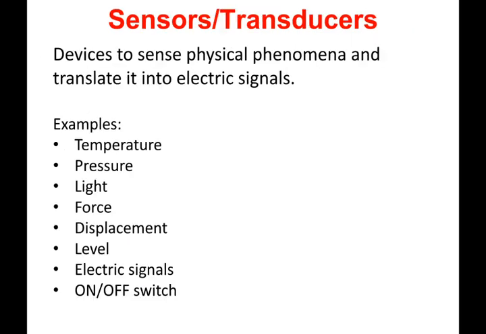But what do these sensors and transducers do? And what can they measure or what can they sense? Sensors and transducers are devices that are there to sense physical phenomena and translate it to electric signals. Right? Examples are that it can sense temperature, pressure, light, force, displacement, level, electric signals, or digital signals.